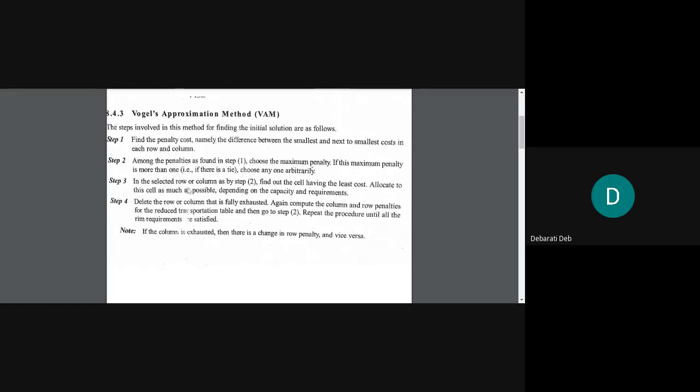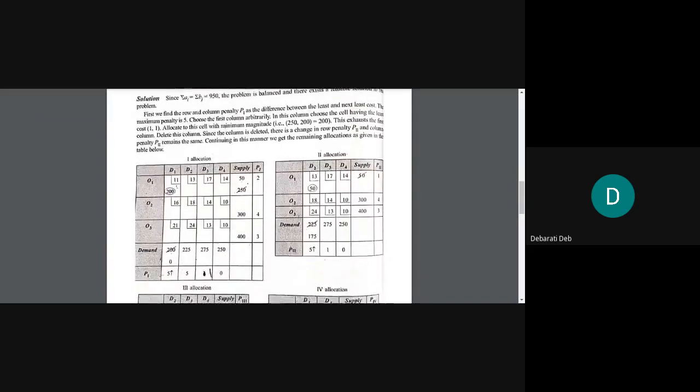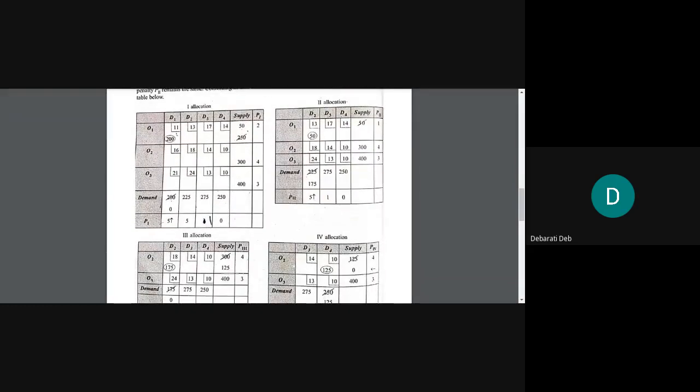In the selected row or column, find out the cell having the least cost. In step 3, we have to find the cell having the least cost in the selected row or selected column. In this first allocation, the selected column is D1.